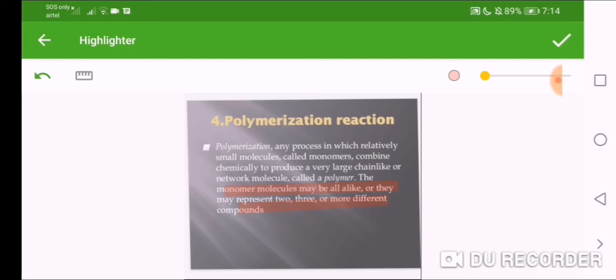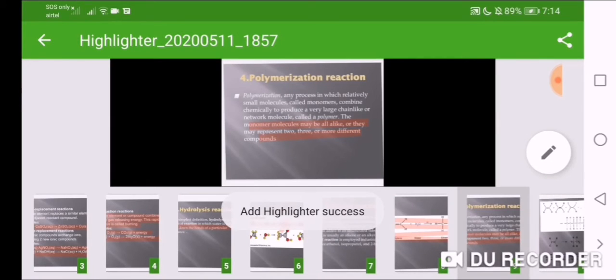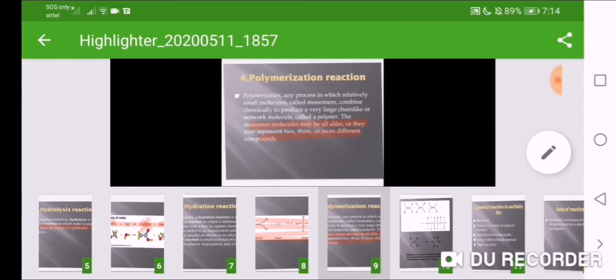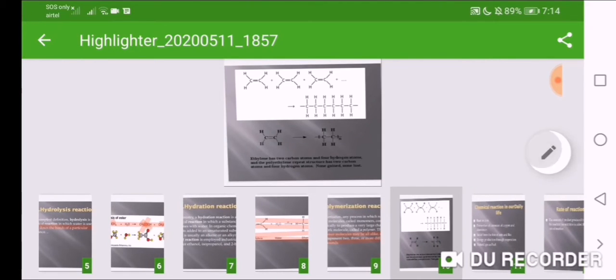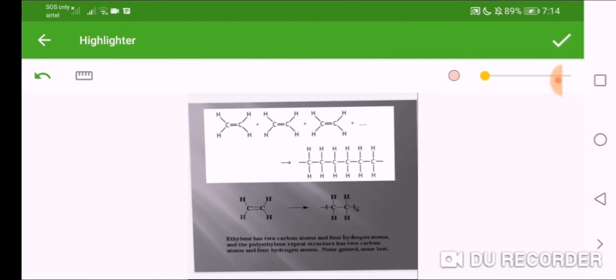Two or three monomers attach to one another and produce a polymer. Reaction is given below. When three monomers of ethene react with one another and produce polyethene, the reaction is given.